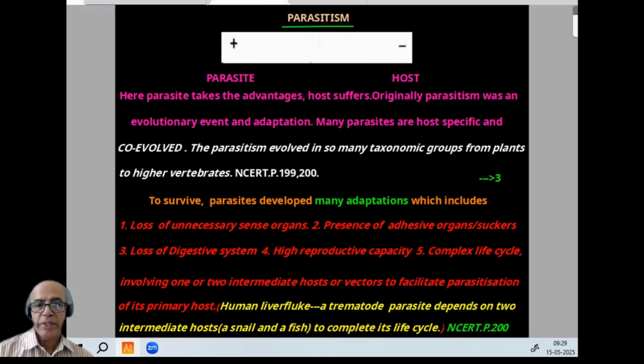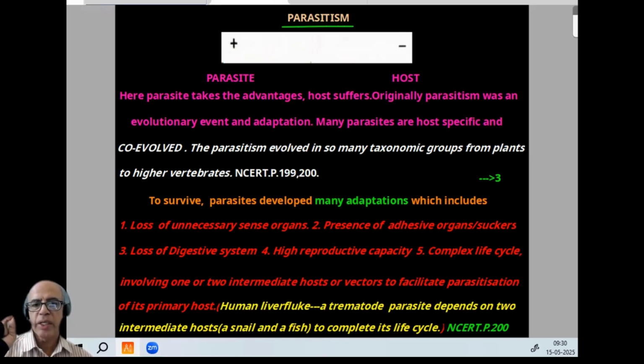To survive, parasites develop so many adaptations because they have to depend on a host. The adaptations for parasites, which is a theory question and a NEET model question, NCERT only, include loss of unnecessary sense organs, presence of adhesive organs like suckers, loss of digestive system, high reproductive capacity, and a complex life cycle involving 1 or 2 intermediate hosts or vectors to facilitate parasitization of the primary host.